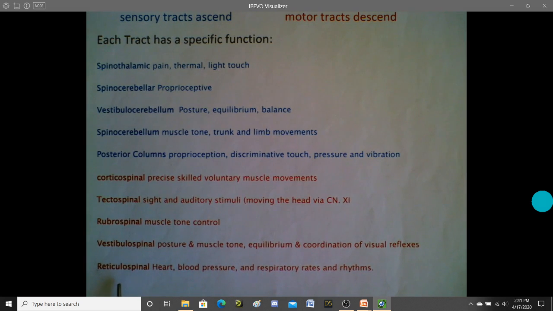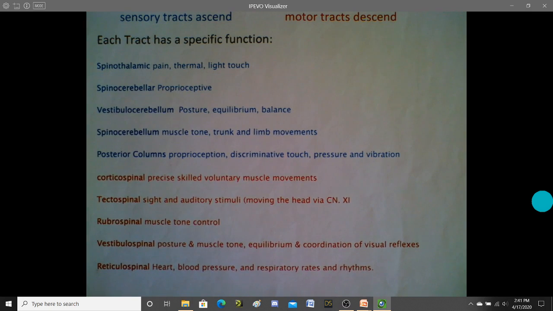And then our reticulospinal, that is a tract that's going to be sending information to our heart for blood pressure, heart rate, and then our respiratory rates.